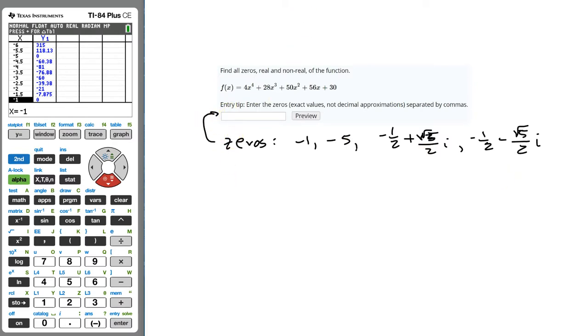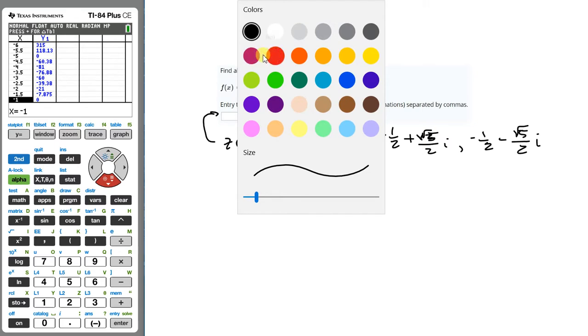But what about if they ask me for the factorization, what would be the factorization?